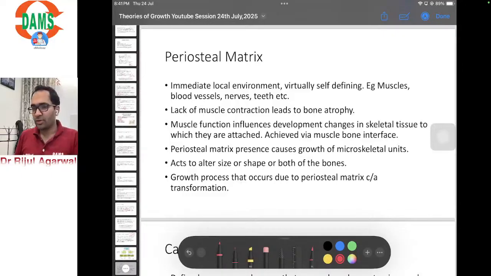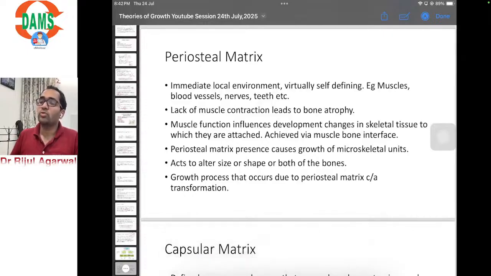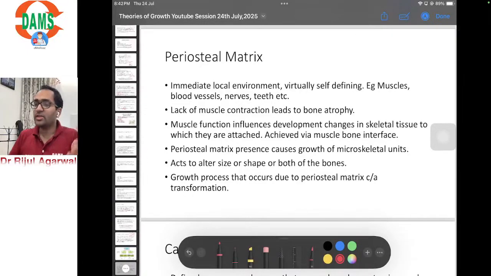This was a question in your last November INA exam last year: the concept, the mode of action of the Frankel appliance, or based on which theory. What do these vestibular shields do? They stretch the soft tissue, or the buccal mucosa. So the soft tissue is stretched, and along with it, what will it do? It will stretch or allow the hard tissue to also grow accordingly. So that is the application of the functional matrix theory in orthodontics.